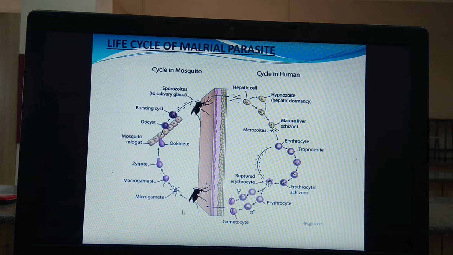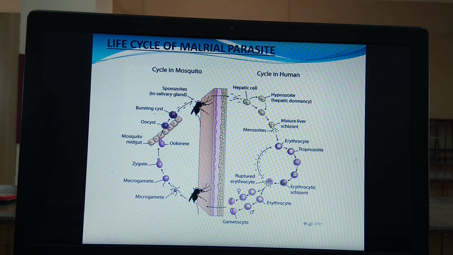Okay, so this is the life cycle of the malarial pathogen. Once again, this mosquito biting an infected person, gametocytes enter into the body of the mosquito. Gametocytes are differentiated into microgametes and macrogametes.